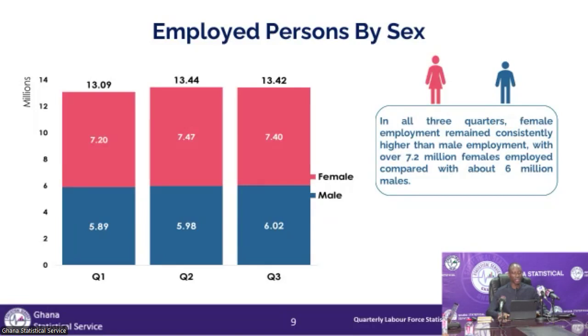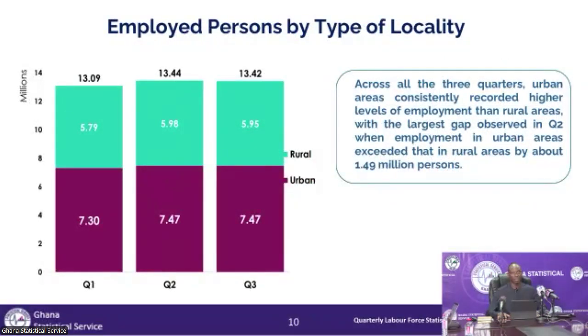Now let's look at the employed persons by type of locality, in other words, whether they are from rural areas or urban centers. Employment was consistently higher in urban areas than in rural areas. And the data shows that the gap was largest in Q2, when about 1.5 million more people were employed in urban areas than in rural areas.